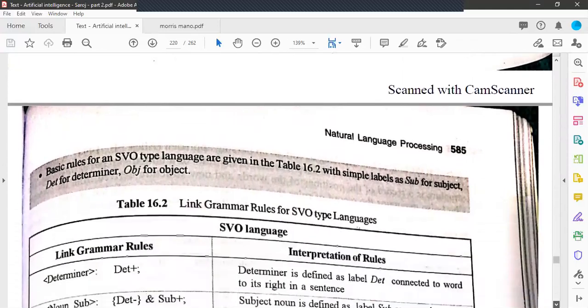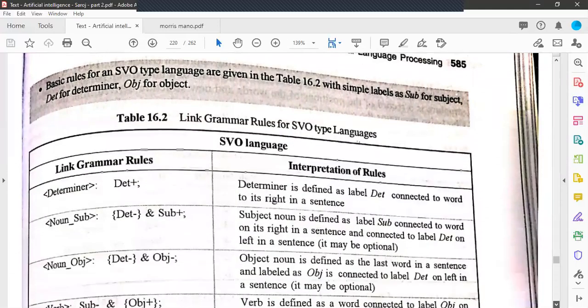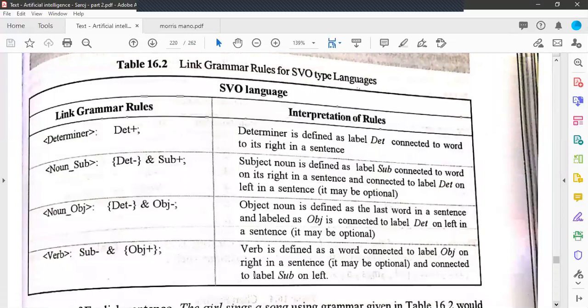Look at an example. Link grammar rules for subject, verb, object type languages. English is one such language which has subject, verb, object format. Link grammar rules and interpretation of rule. What does this rule mean?